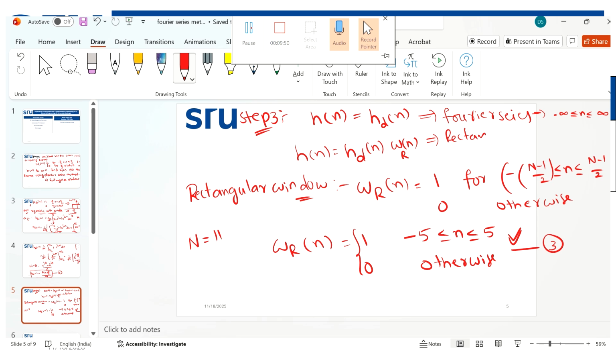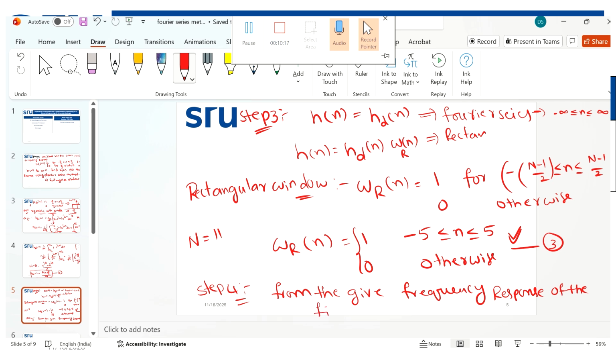Next, step 4. Right. From the given frequency response of the filter, coefficients are satisfying the symmetric property, that is h of n is equal to h of minus n.